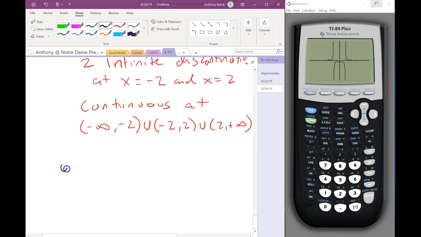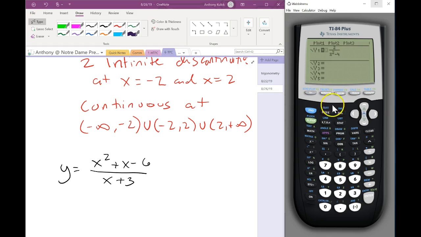Okay. Let's look at this graph. So I'll go back in. I'm just going to edit what I had before.